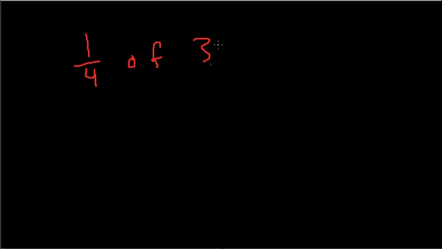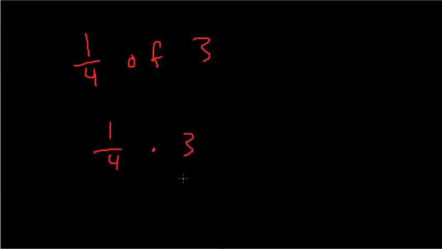Now let's take a look at multiplication of fractions. Say I was looking for 1/4 of the number 3. If I took 3, cut it into 4 equal pieces, and I wanted one of those pieces, how much is that? So 1/4 of 3 is actually asking us 1/4 times 3. To multiply fractions, I'm going to multiply straight across.